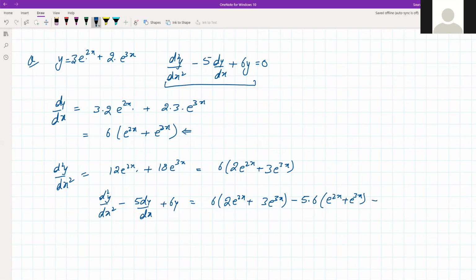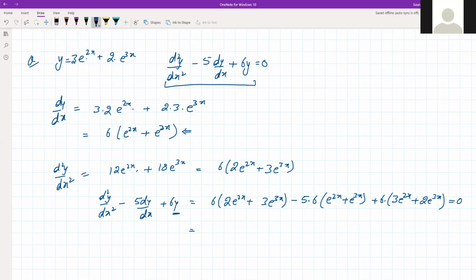And plus 6 into y, which is 3 e to the power 2x plus 2 e to the power 3x. So this is equal to 0.